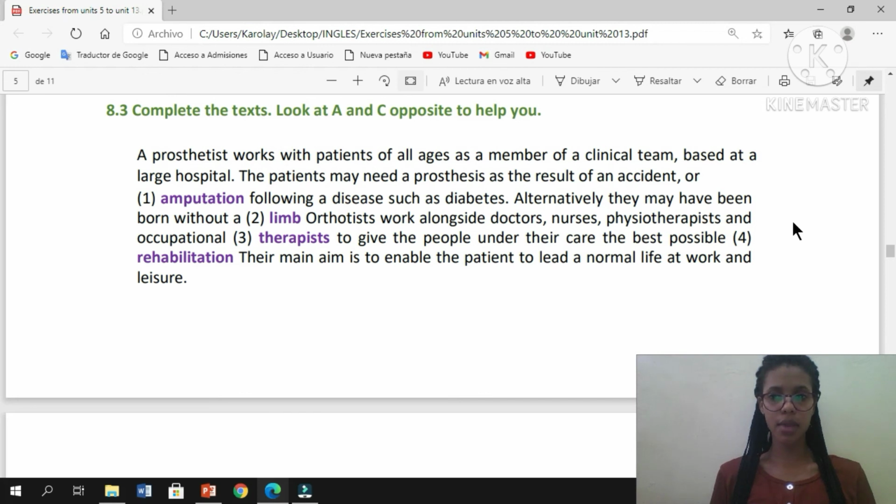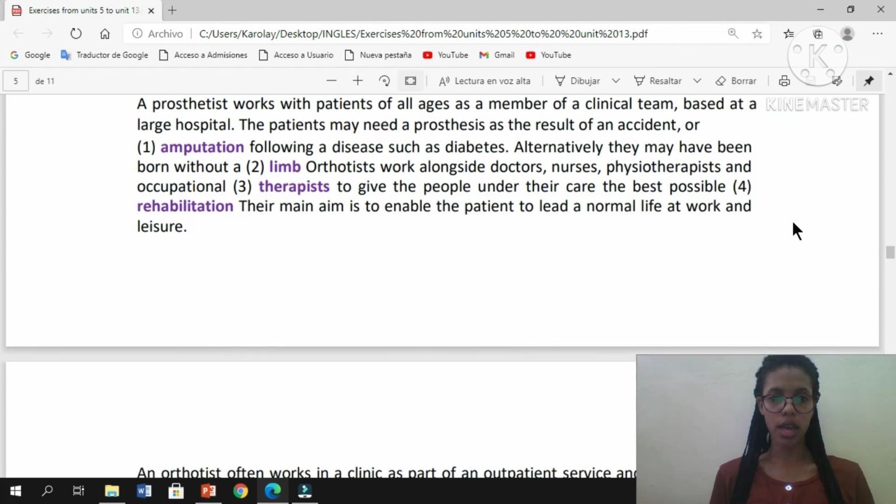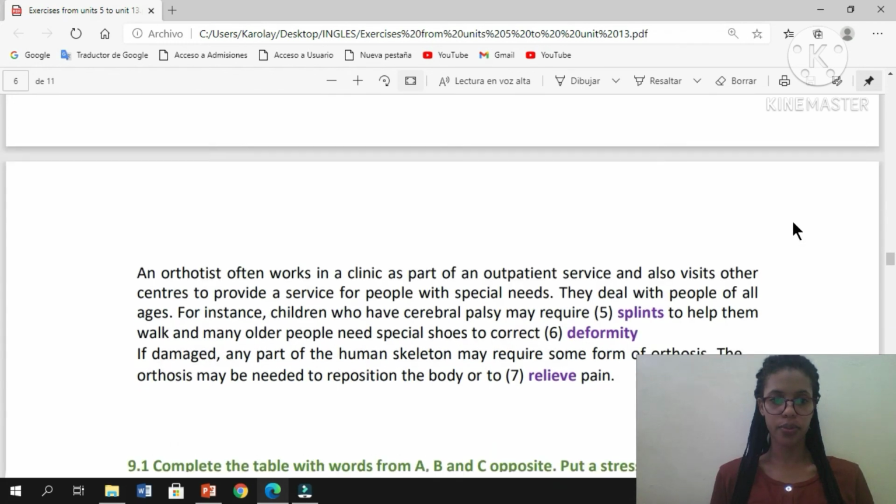Alternatively, they may have been born without a limb. A nurse, doctor, physiotherapist, and occupational therapist work together to give the people under their care the best possible rehabilitation. Their main aim is to enable the patient to live normally and return to work and leisure.